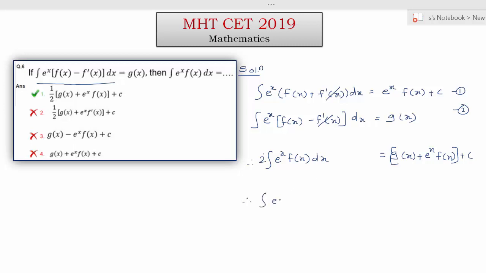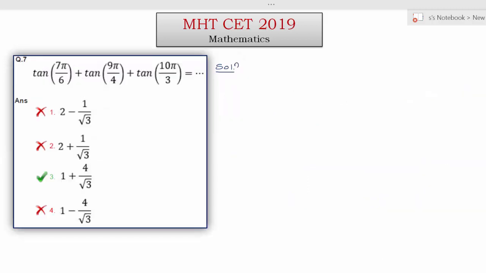So the integral of e raised to x f of x dx will be 1 by 2 of g of x plus e raised to x f of x, right, plus c by 2. That c by 2 is another constant. So the correct answer is option A or option 1.